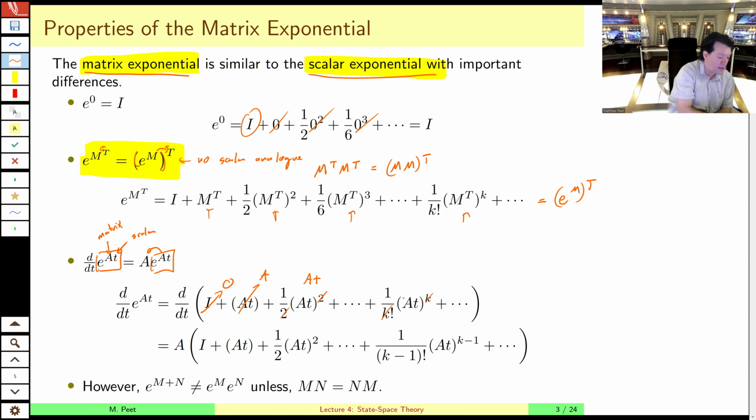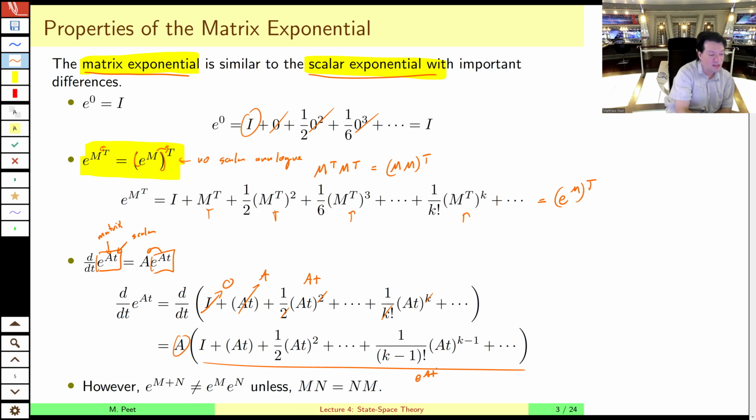The k cancels the highest exponent, and so we get that every term has an A in front of it, and we can just pull that common term out. What's left over is just the same series expansion, except sort of delayed by one term. But since it's infinite, it doesn't matter. The rest of the infinite series makes up for it. So we get the matrix exponential times an A here.